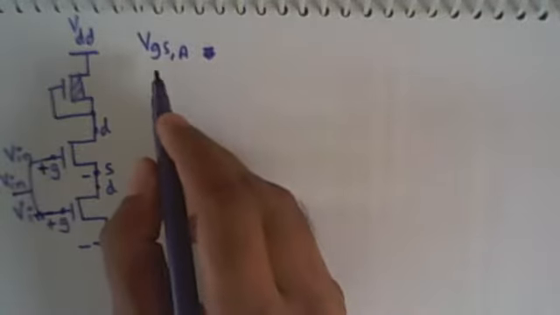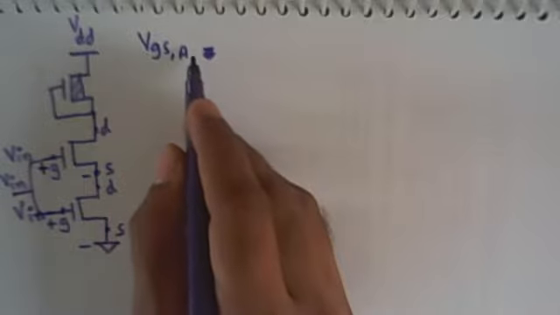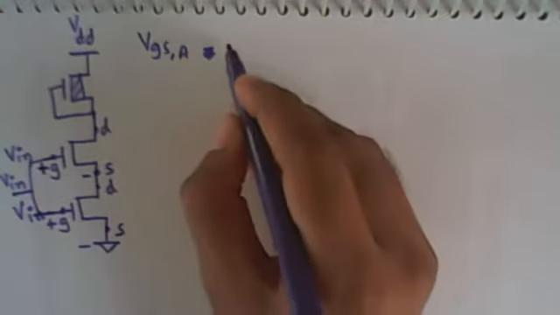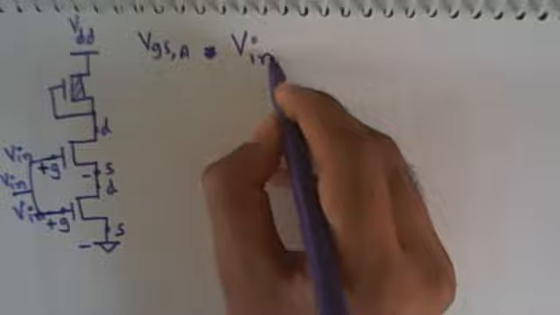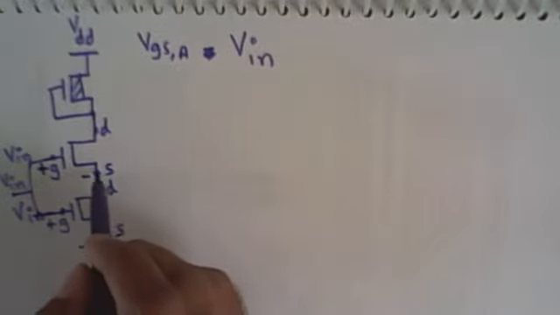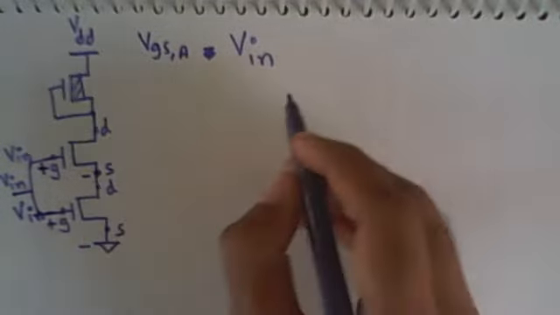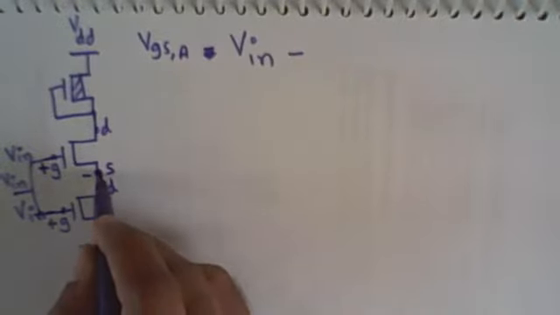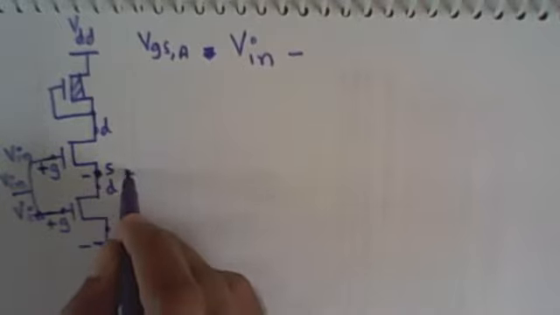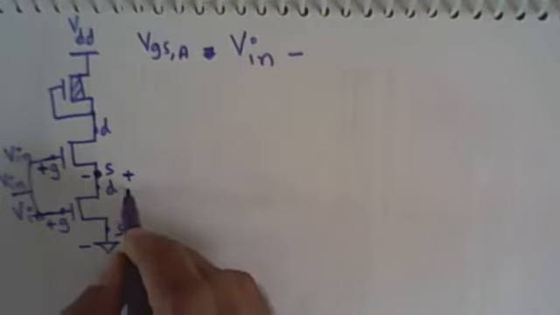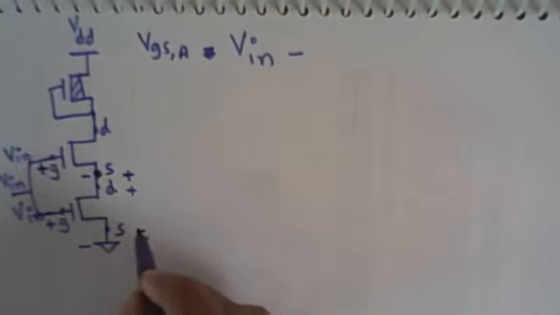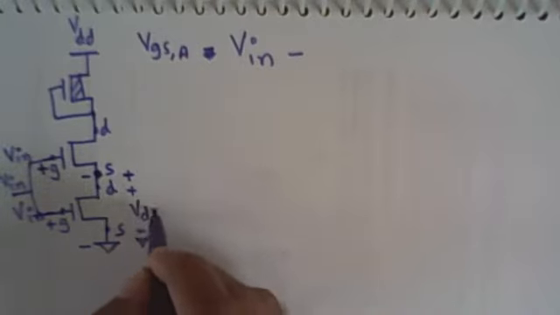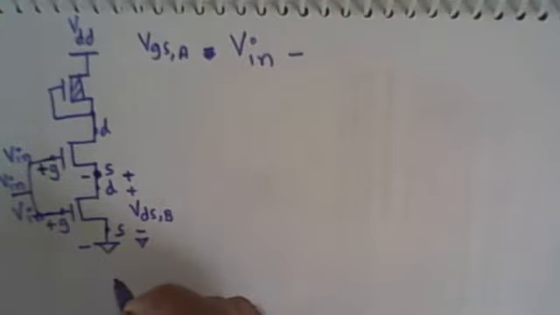So what is the VGS of A? The gate terminal of MOSFET A is connected at the input, and the source terminal of MOSFET A is connected here. So what is the voltage here? This is the potential between these two, ground. So what is the potential between these two? It is the drain to source voltage of the B MOSFET, right?